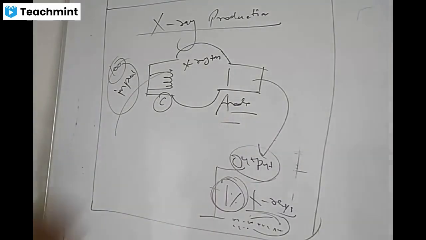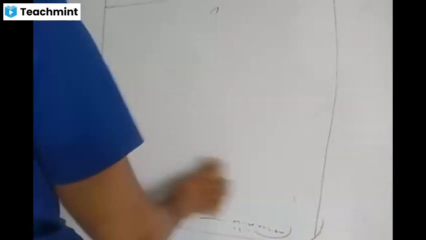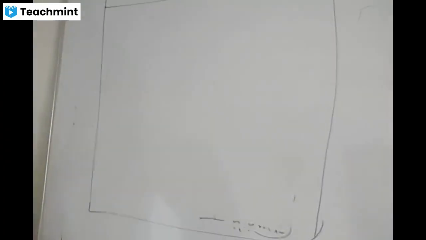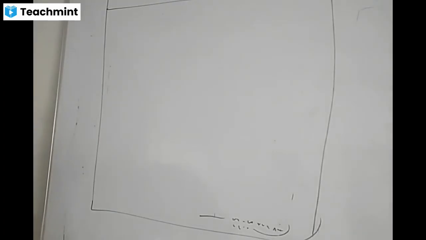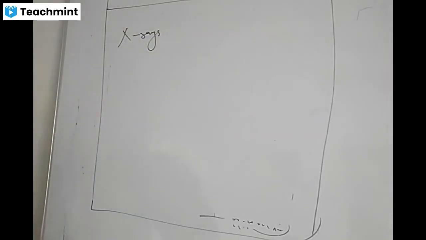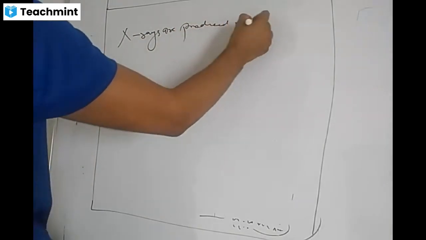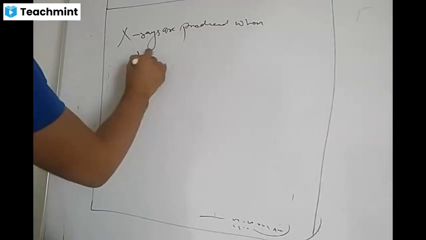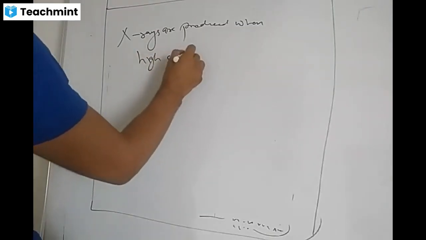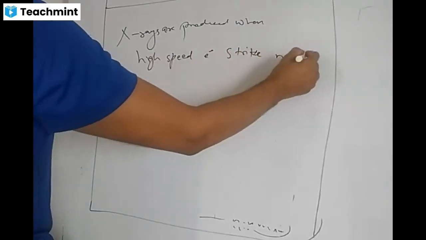This X-ray tube, as we saw in the last lecture, consists of two parts, your cathode and anode, and both are made up of tungsten metal. So if we start with X-ray production, there is one line you find in every book: X-rays are produced when high velocity or high speed electrons strike metal.